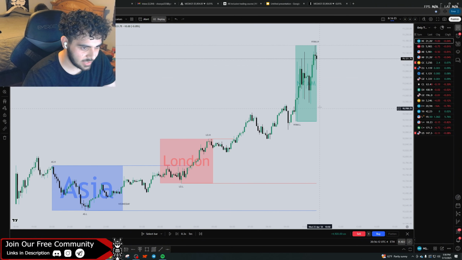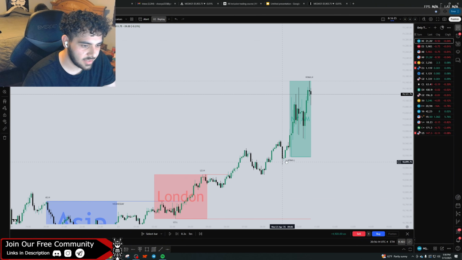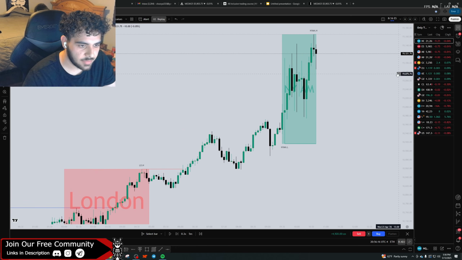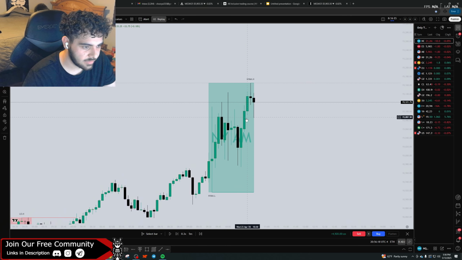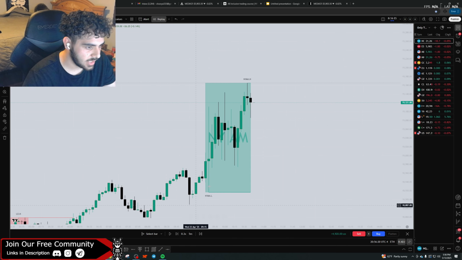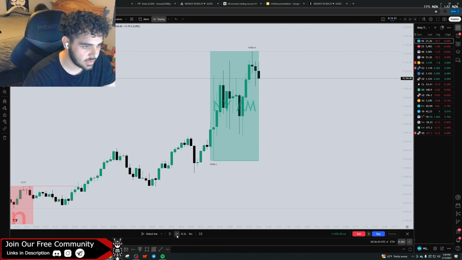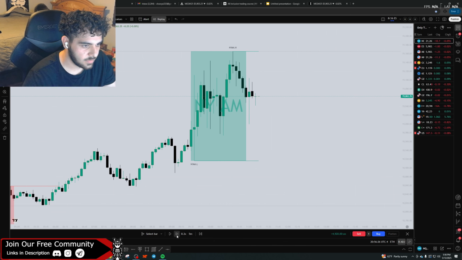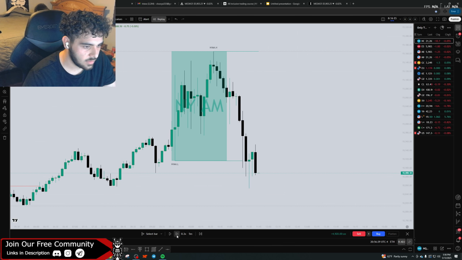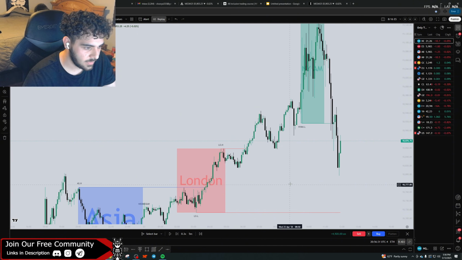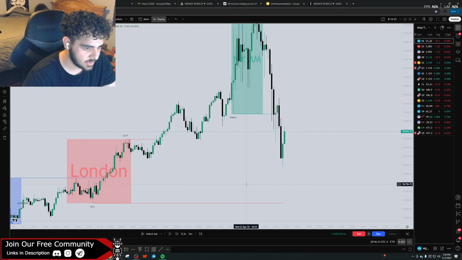Because we have a lot of consolidated price, I'm not super confident in these fair value gaps in here, because there's a good chance that we come back to some of this other sell side. So let's see if we have another opportunity to actually shift gears and target some buy side.